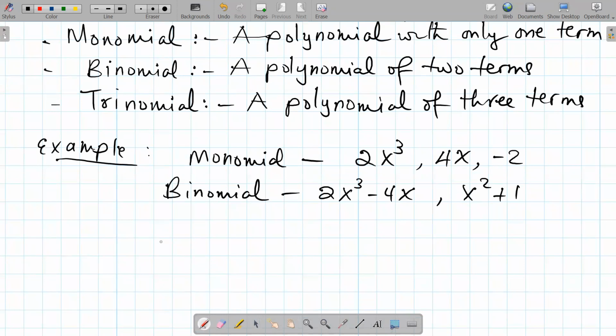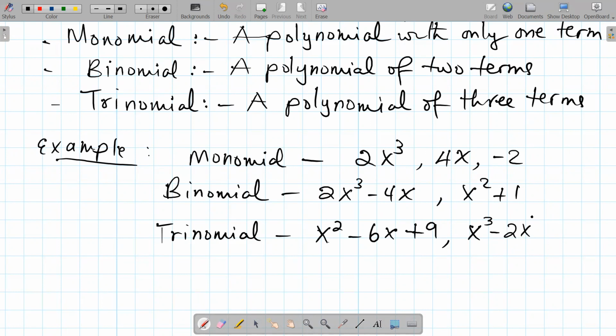And then we have the trinomial. We have something like x^2 minus 6x plus 9. It's a trinomial. You could have x^3 minus 2x^2 plus, let's say, 3.